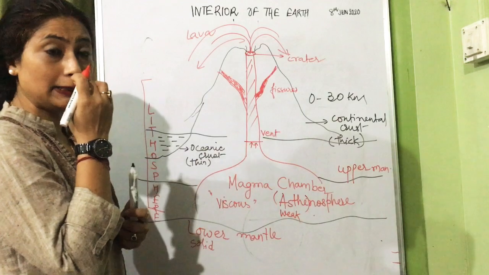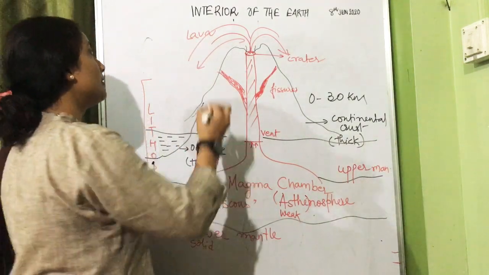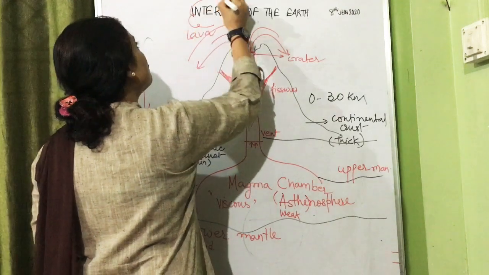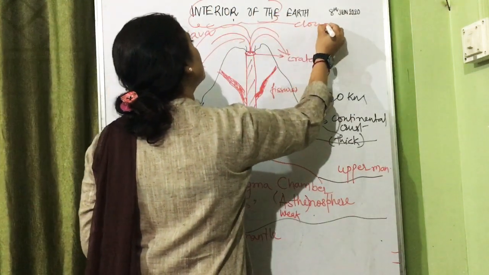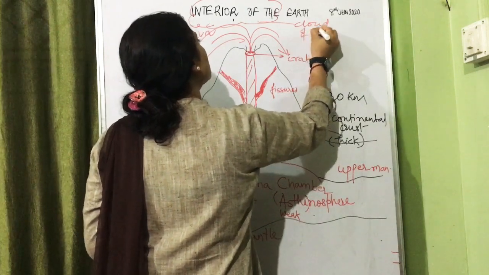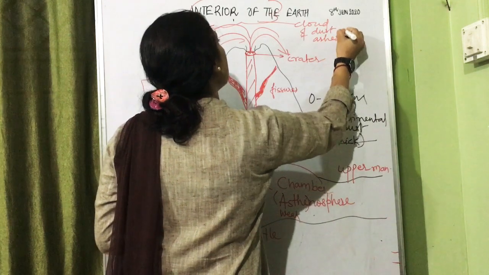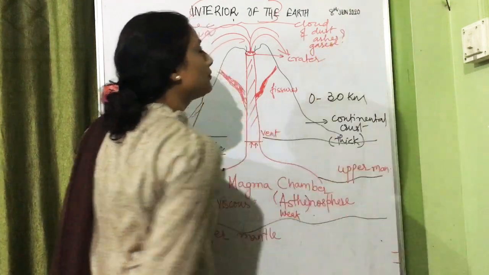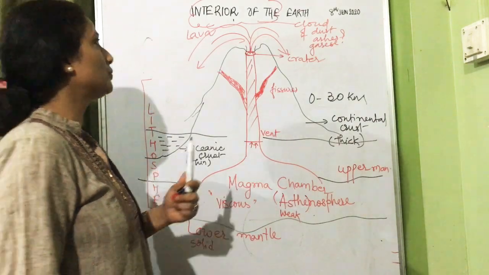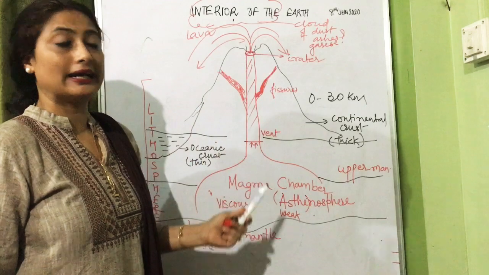When there is a volcanic eruption, you will find it is not only lava that you can see, but you see a lot of clouds of dust, ashes and gases like chlorine, nitrogen dioxide, sulfur dioxide. So we find there are different kinds of things which come out during a volcanic eruption.